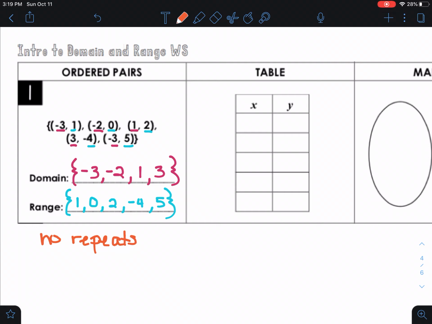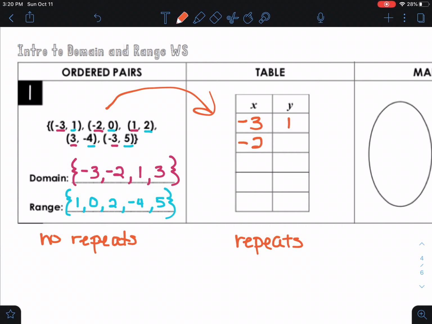Okay. When you make a table of your values, there will be repeats. And you can have repeats here. Really, because all you're going to do is take these values and put them into this right here. So you should have every x should have a y. So this will be -3, 1 is our first point.